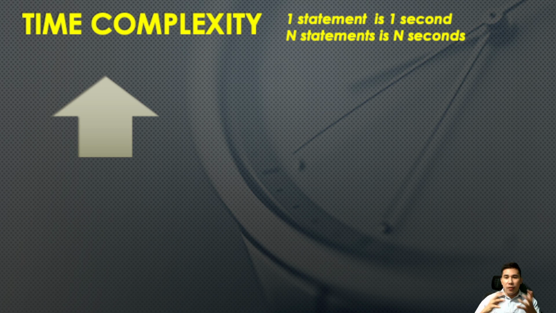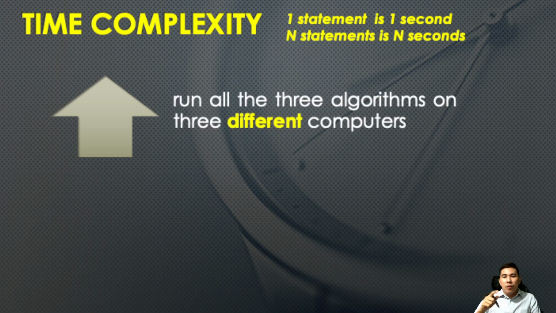Is it okay? Probably not, because all the systems might be using different processors, so the processing speed might vary. So we cannot use this approach to find the most efficient algorithm.